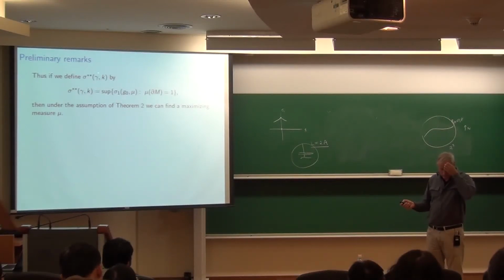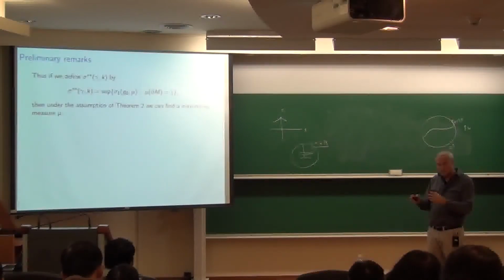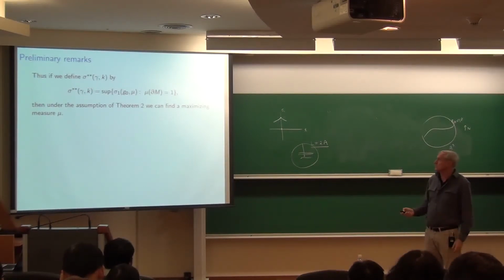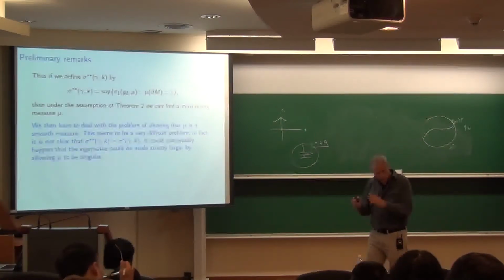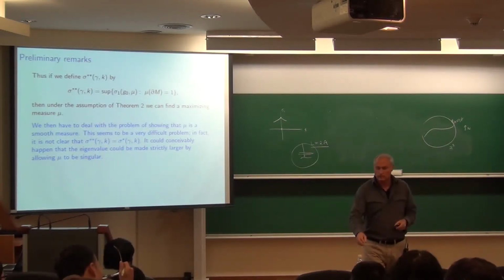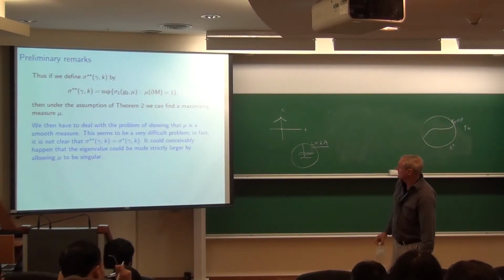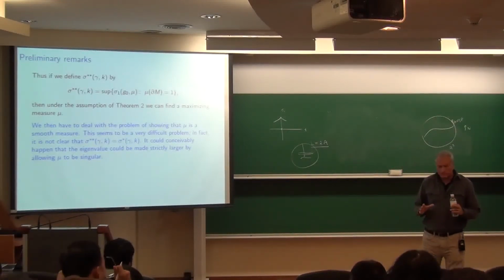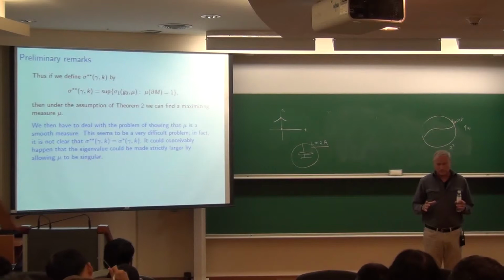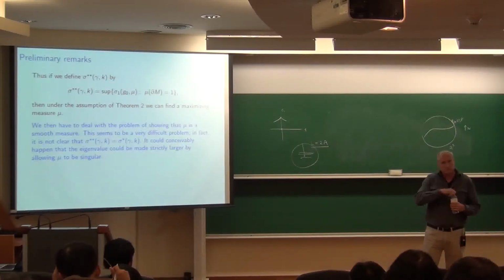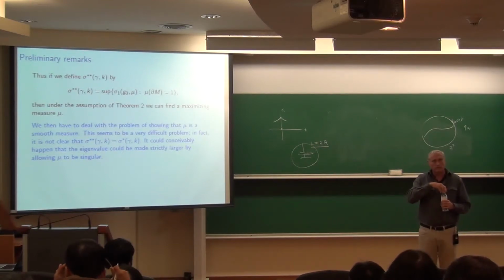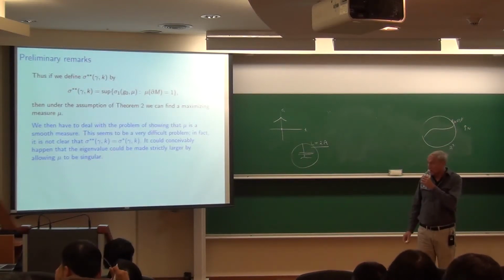There's a paper on this approach by Kokarev where, under various assumptions, he's able to show it's regular, but he's not able to do it unconditionally. Okay, so in other words, it could conceivably happen that by choosing a singular measure on the boundary, you can actually do better than by choosing a smooth measure. There's nothing to preclude that a priori.